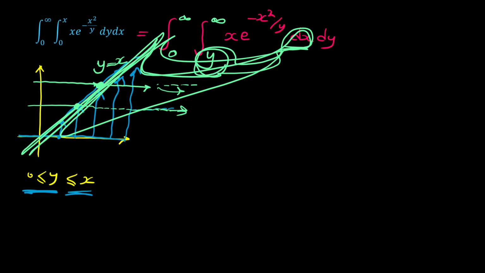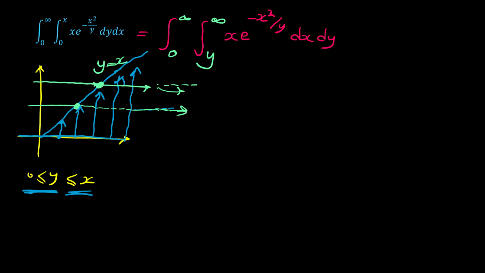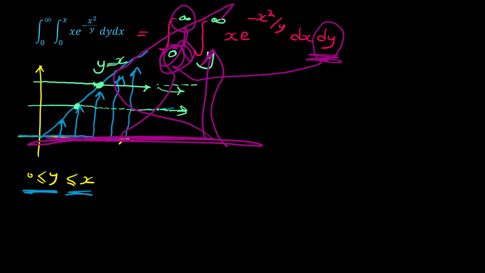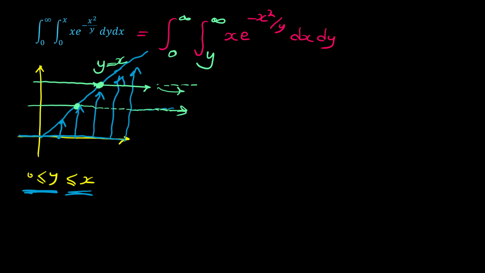So x is changing from y to infinity. But for the outer integral, when we integrate with respect to y, it should be numbers only. y is from 0 and it goes up forever to infinity. So y is changing from 0 to infinity.